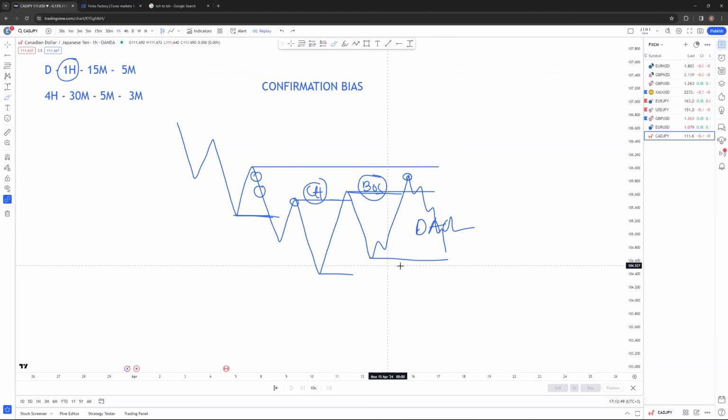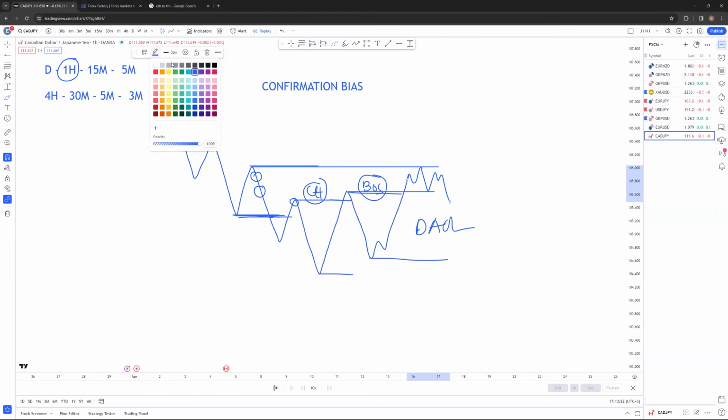How? After the price reaches this daily area of liquidity, what you have to see is the liquidation process that occurs in the 1 hour time frame. In the 1 hour time frame, you have to see the change of character and the break of market structure. So when you go back to 1 hour, you have to see the price change the character and then break the market structure in that time frame.